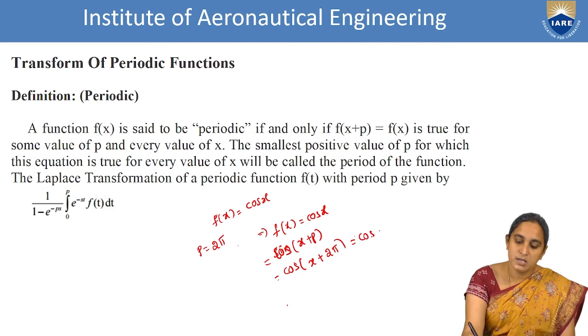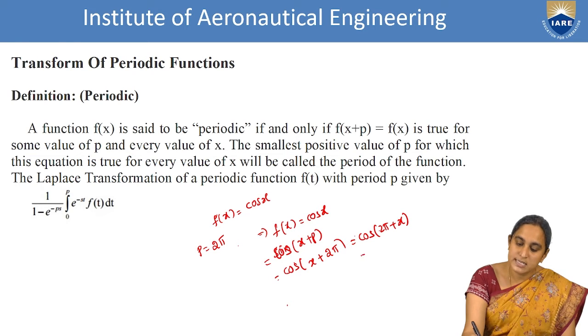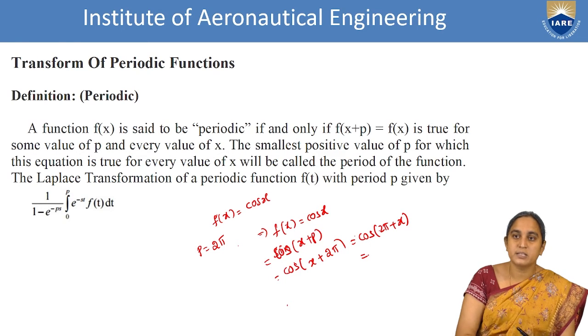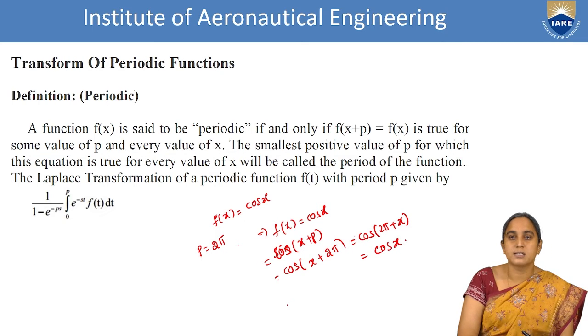Once you observe here, 2 pi plus x, that is cos of 360 plus x, we get the same function, cos x. If you take period p is equal to 2 pi, cos x is repeated. Therefore, cos x is also a periodic function.